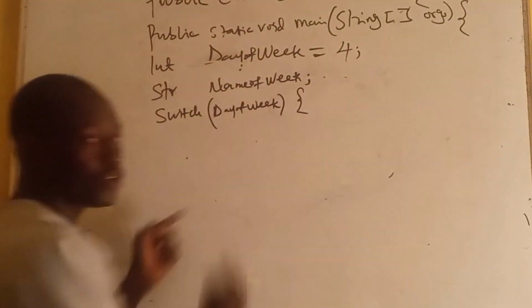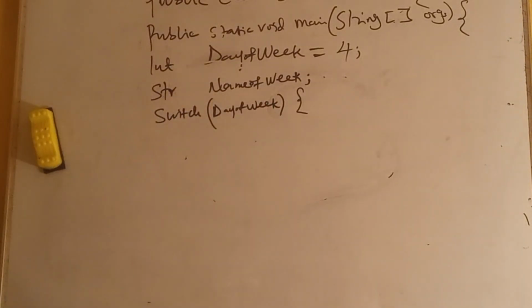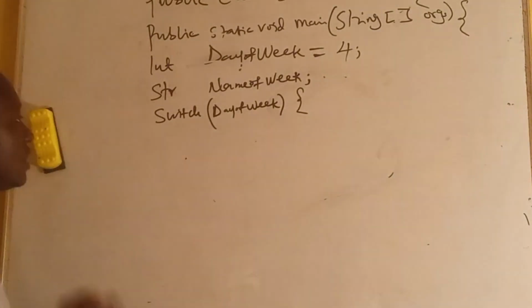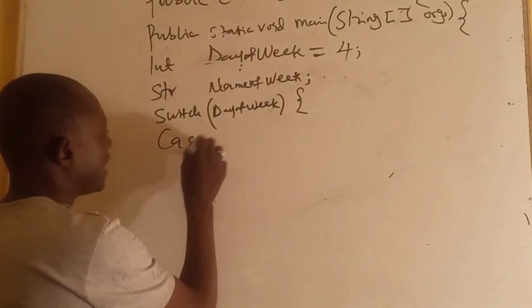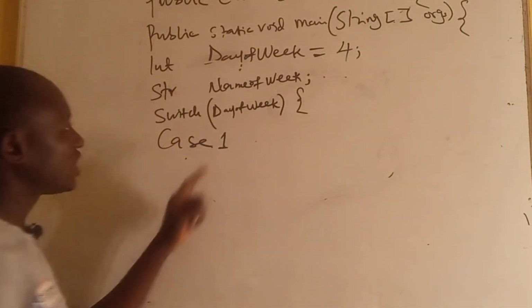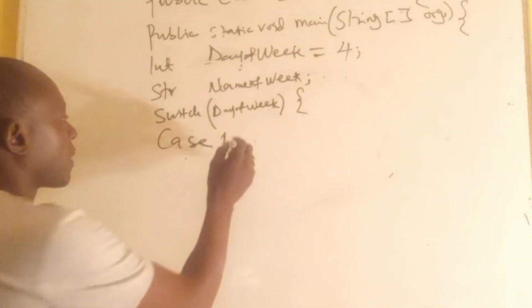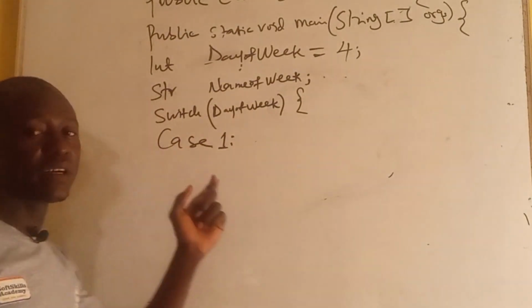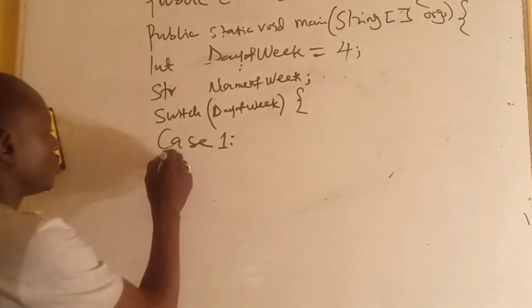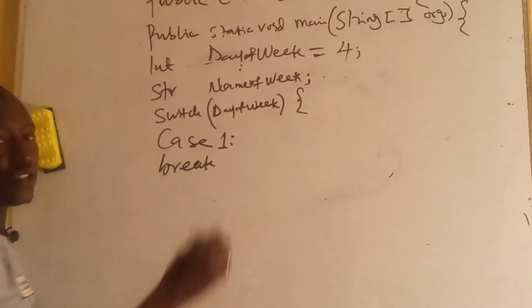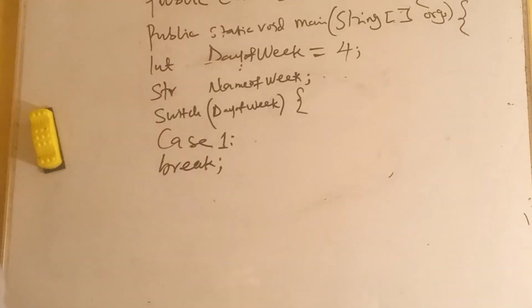Then you open your curly braces here. And then you come back and write a case number, case 1. So definitely this is case 1. You are done with this. Then you now use break. It's part of the syntax. And then you end this statement here.